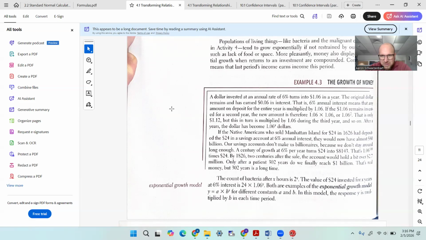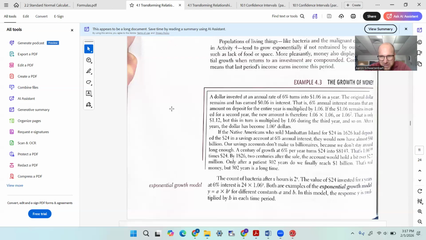So, if the Native Americans who sold Manhattan Island for $24 in 1626 had deposited that $24 in a savings account at 6% annual interest, good luck finding that, they would now have almost $80 billion. Their 24 would have turned into 80 billion.